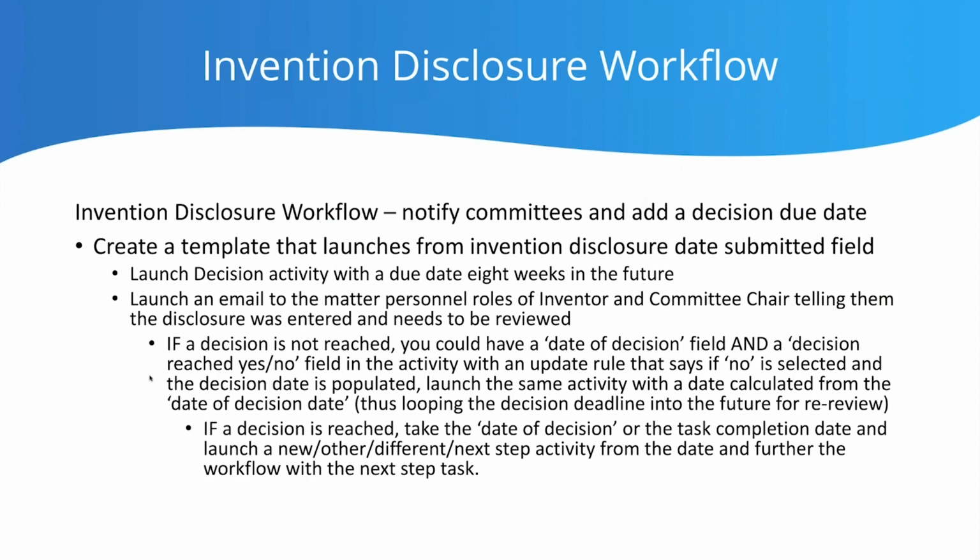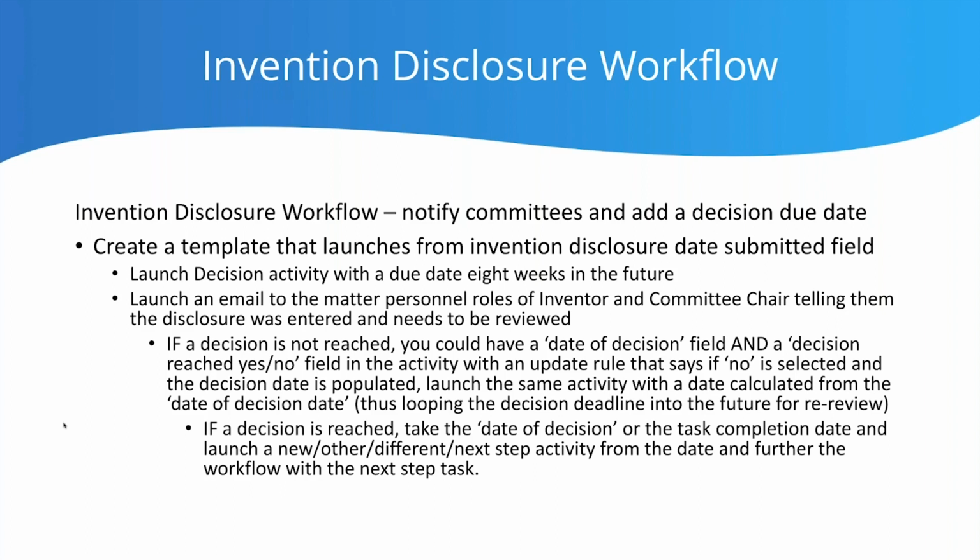It's going to launch a decision due date 8 weeks out in the future. And then it can also launch and send an email to specific people that play roles in the matter. In this case, we're picking the committee chair and the inventor to let them know and send them an email saying a new disclosure has been added to the system.